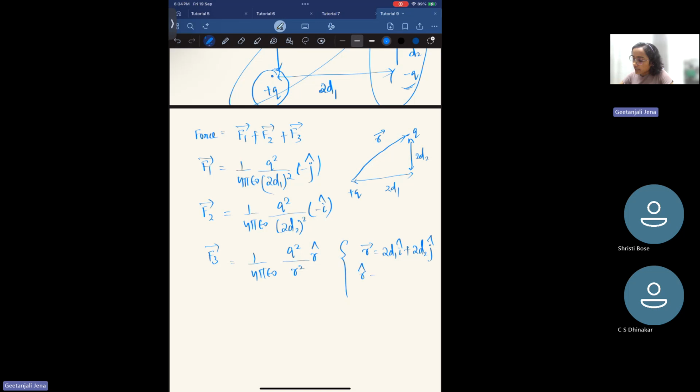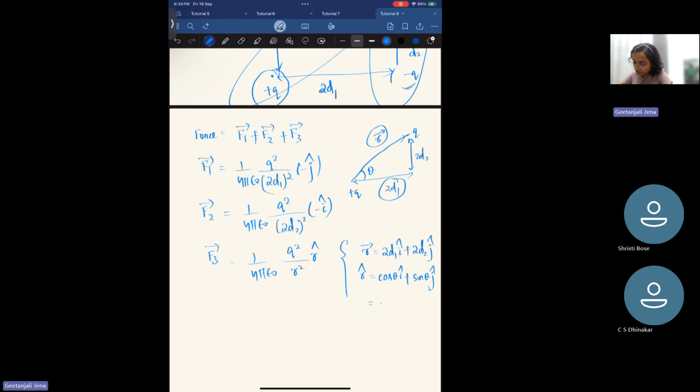So r cap you can find out, this will be r by mod r. Let us say this is angle theta. So you will get cos theta i cap plus sin theta j cap. Cos theta is 2d1 by mod r.